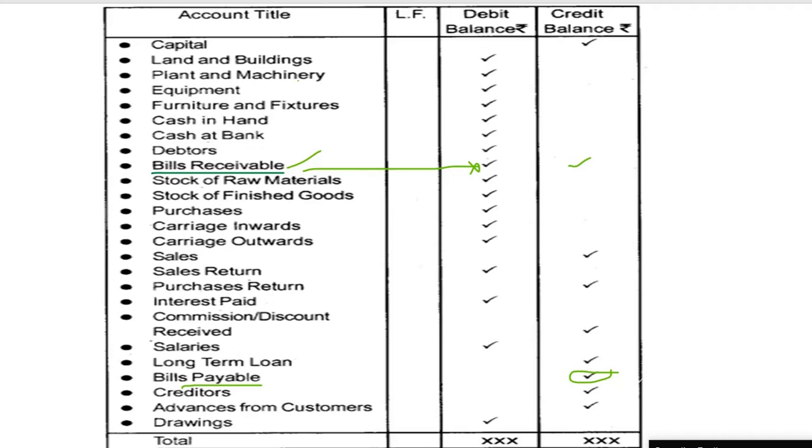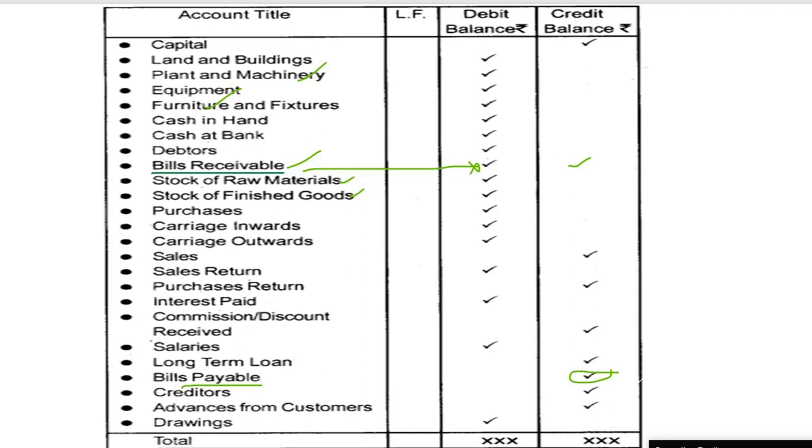Machinery, furniture and whatever comes under the factories, these are raw materials and finished goods, and these all come under the debit, that means we can't get any profit and gains in these things, so for these things we need to pay. The things which we need to pay will come under the debit side and the things which we get in the form of profit and gains will come under the credit side.